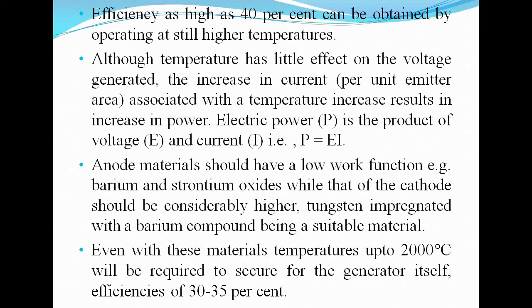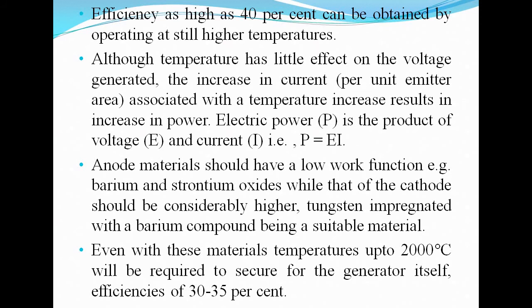Tungsten impregnated with barium compound is a suitable material for this particular thermionic generator. Even with these materials, a temperature up to 2000 degrees centigrade will be required to secure for the generator itself. Efficiencies of 30 to 35% can be achieved.